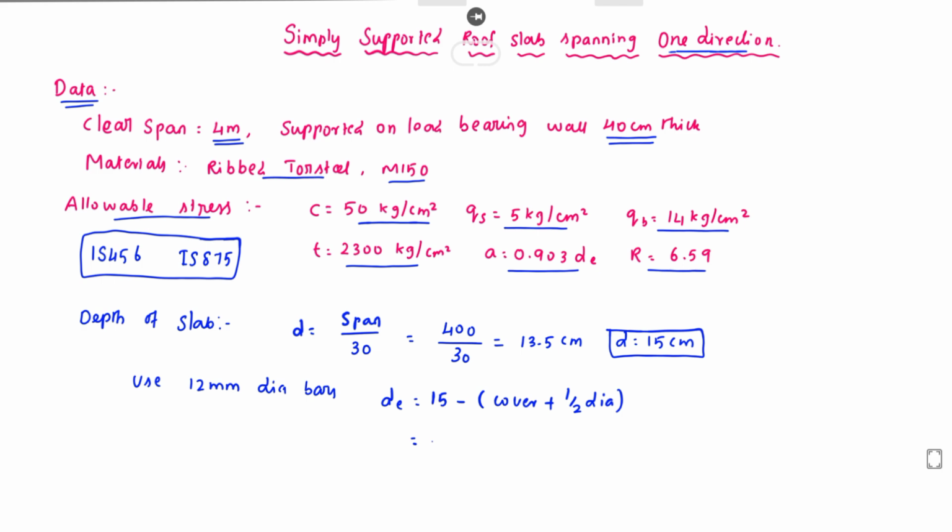So 15 minus the cover 1.3 centimeter plus 1.2 divided by 2, where 1.2 is the diameter of the reinforcement, 12 mm, that is 1.2 centimeter. Now we got the value of 13.1, that is equal to 13 centimeter. So 13 centimeter is the effective depth and 15 centimeter is the overall depth. Now we can find out the span.